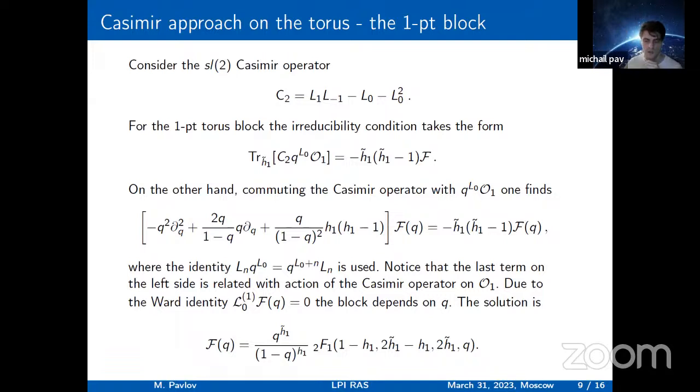You know that there are some connections between 4-point blocks on the sphere and 1-point blocks on the torus in general, as I remember correctly, like in the Virasoro case. It was derived in your work with Fateev and Litvinov. My question is, is this hypergeometric equation the same, or is it something different in your opinion?